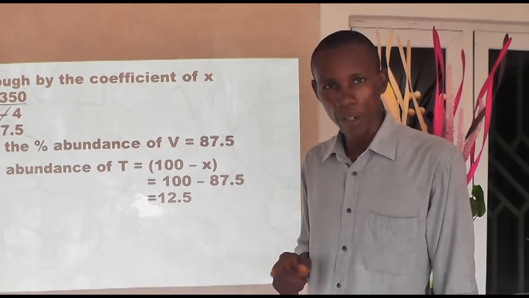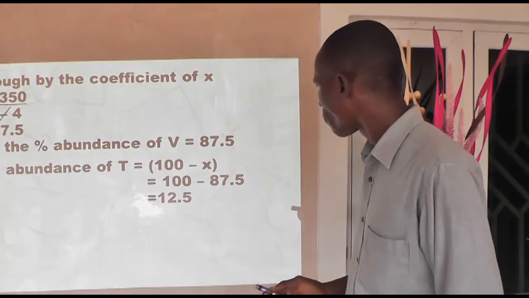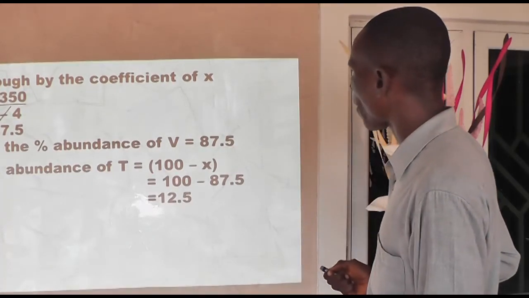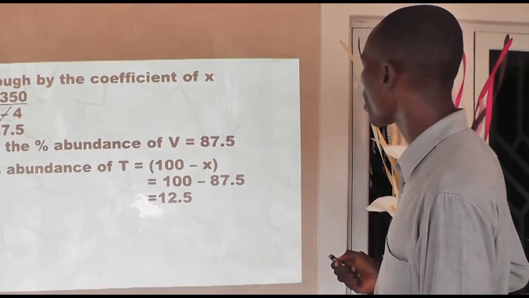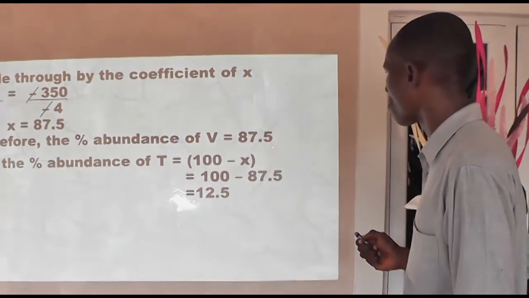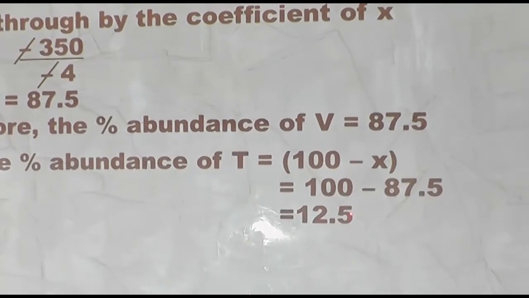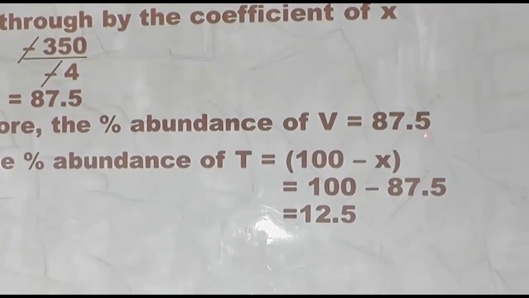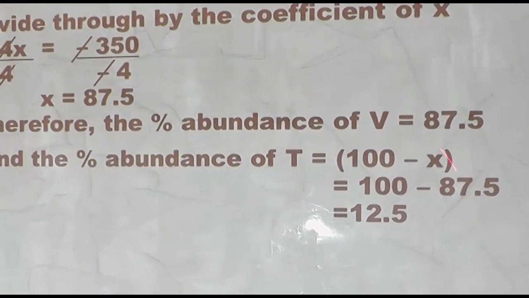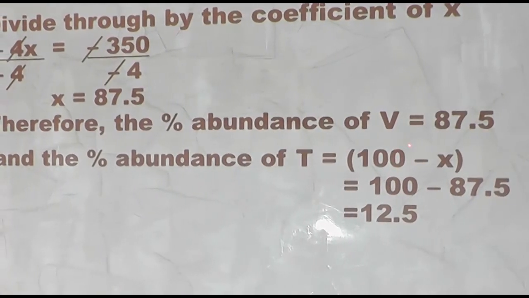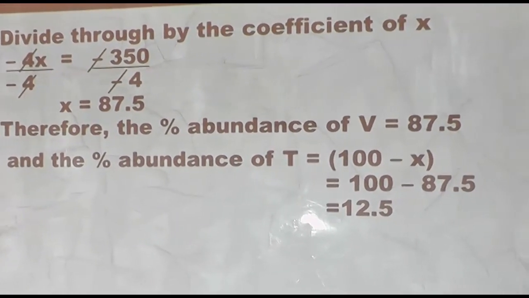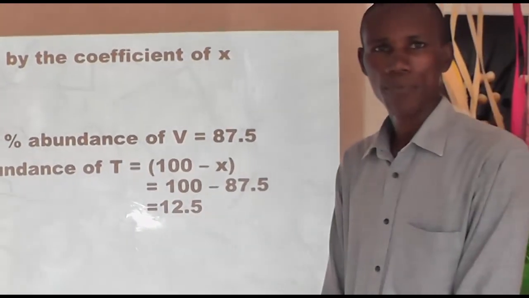To check, let us look at the percentage abundance of V, 87.5, plus the percentage abundance of T, 12.5, which gives us 100%. This shows that the calculation thus far is correct.